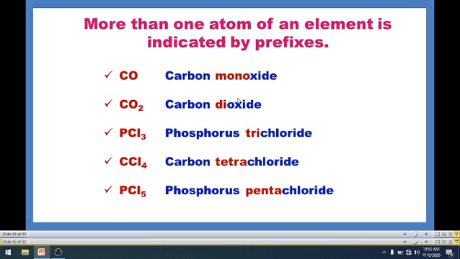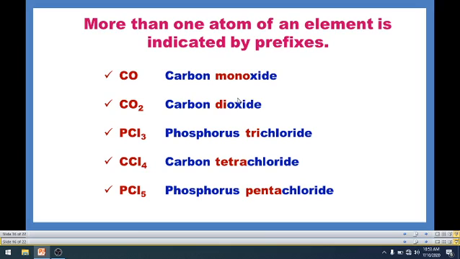Suppose more than one atom of an element is used, then we indicate it by a prefix. For example, in CO, one oxygen atom is there. Next compound, CO2, two oxygen atoms are there. PCl3, 3 chloride ions are there. And CCl4, 4 chloride ions are there. PCl5, 5 chloride ions are there.